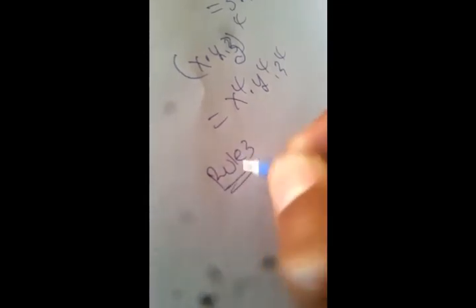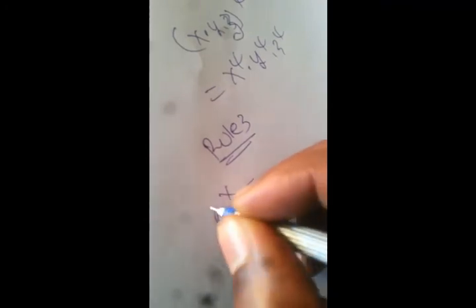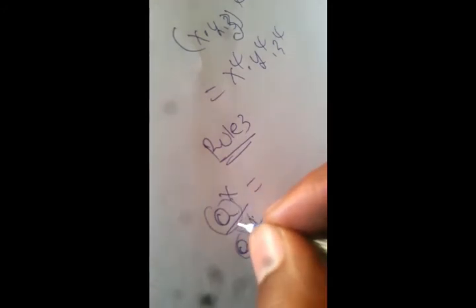And rule 3 will be, when a raised to x over a raised to y is given, and the bases are the same and the exponents are different and it is a division, its formula will be a raised to x minus y.